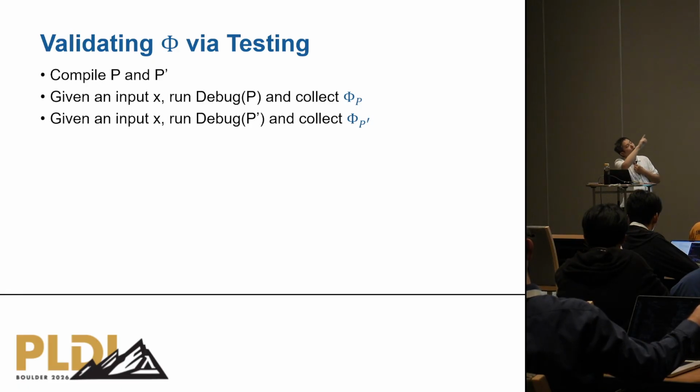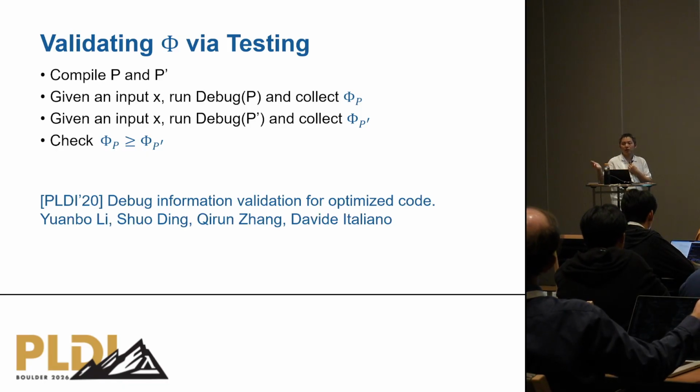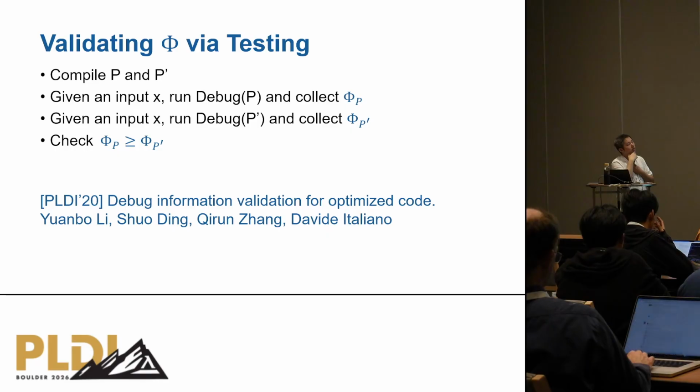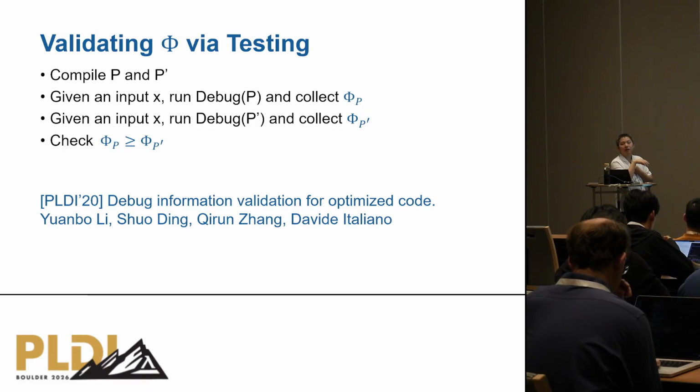We do the same thing for the optimized program P prime, and get a set of locations that can be stopped in the optimized program. Then we compare the two sets to make sure that one is a subset of the other. This is the traditional compiler testing and validation workflow. We have done some early work in this direction, and managed to find roughly 70 bugs related to debugger location generation in optimizing compilers.